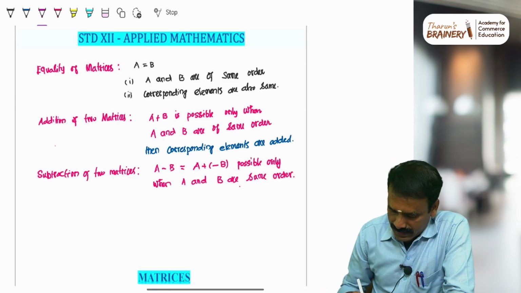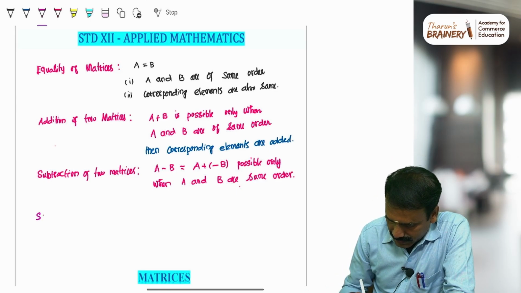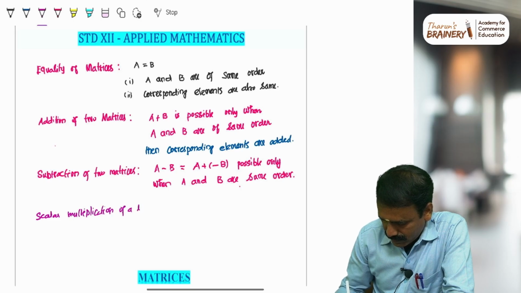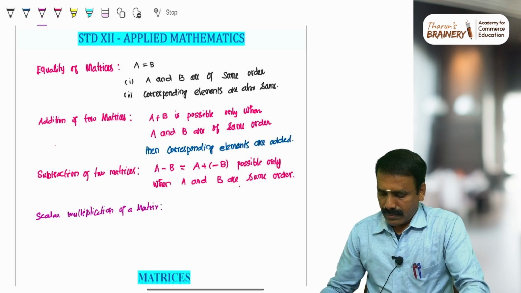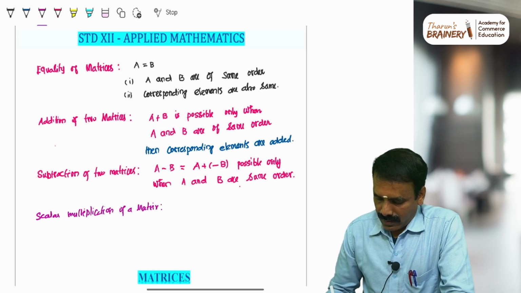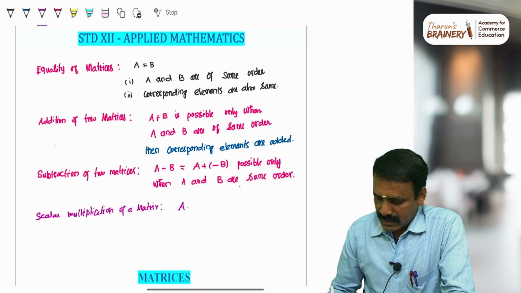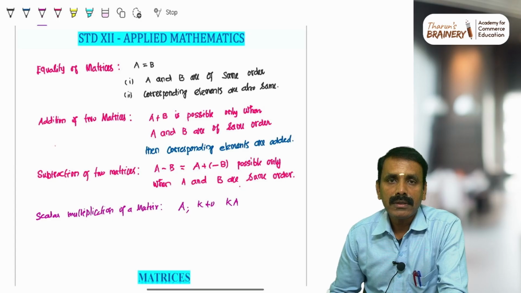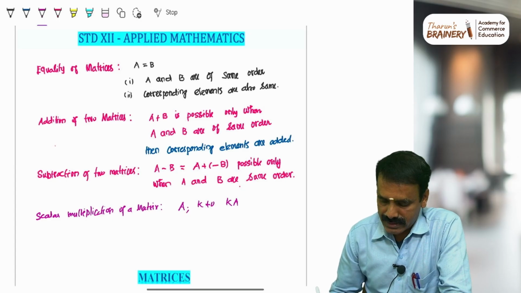And finally, scalar multiplication of a matrix. If A is a non-zero matrix and K is a non-zero scalar, K into A is called scalar multiplication of a matrix.